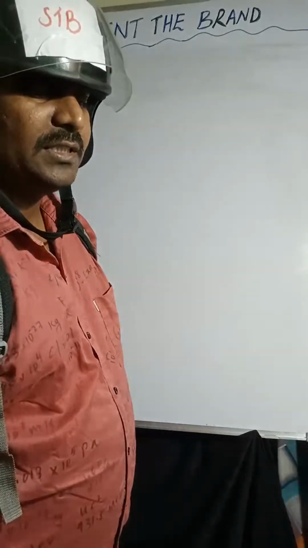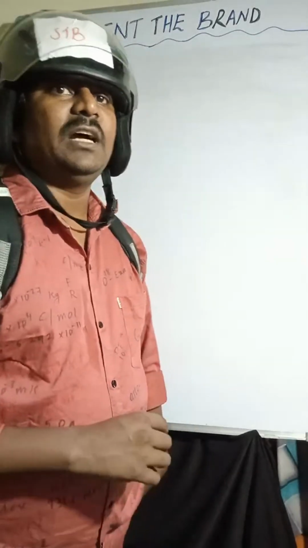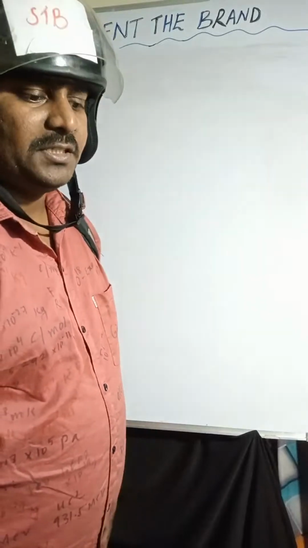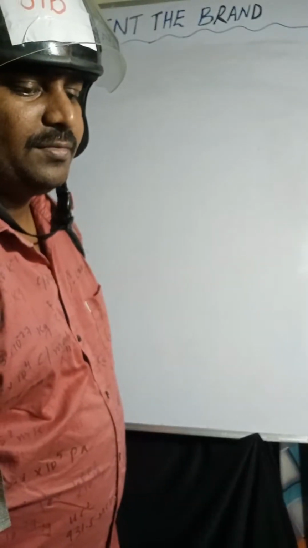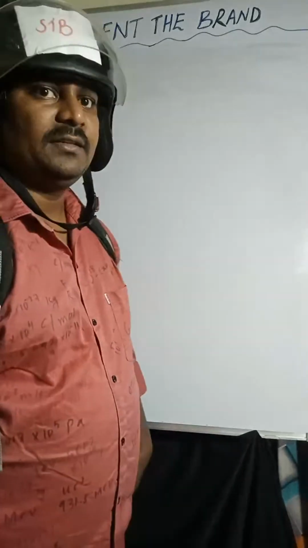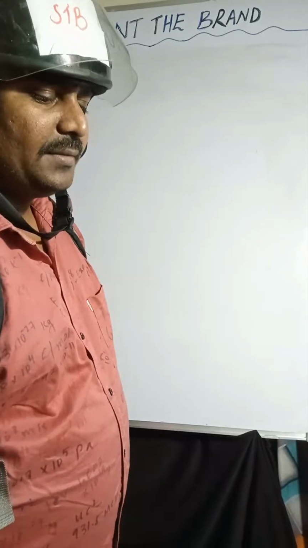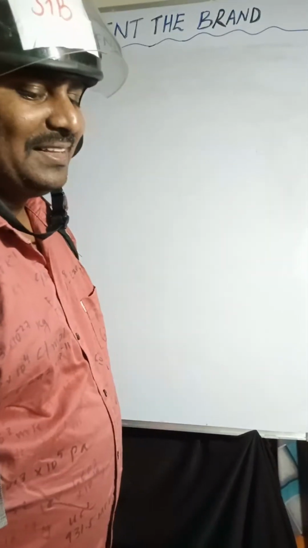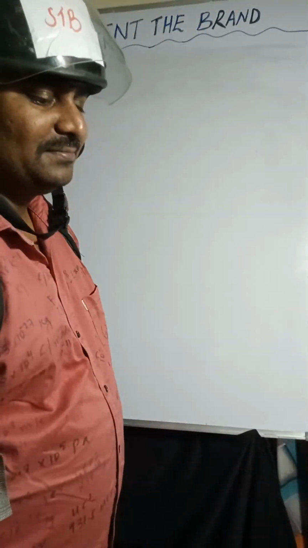In CBSE Grade 10 Physics there are four chapters. Those are light reflection and refraction, human eye and colorful world, electricity, and magnetic effects of electric current. I'll try my level best to do all the chapters in one video.